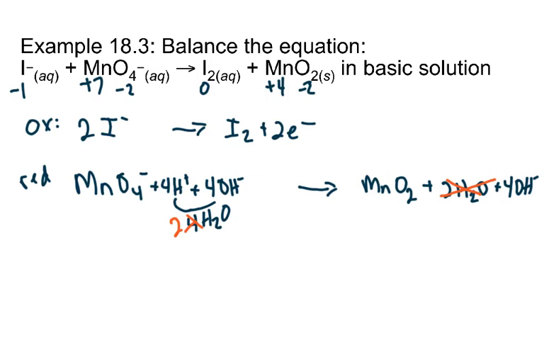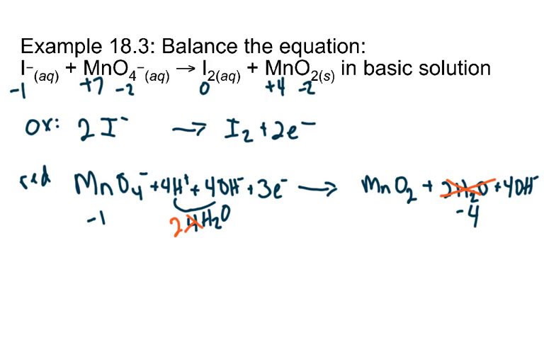All right, now overall on my reactant side, I'm at a -1 charge. On my product side, I'm at a -4 charge from my 4 hydroxides, which means over here I need to add 3 electrons.